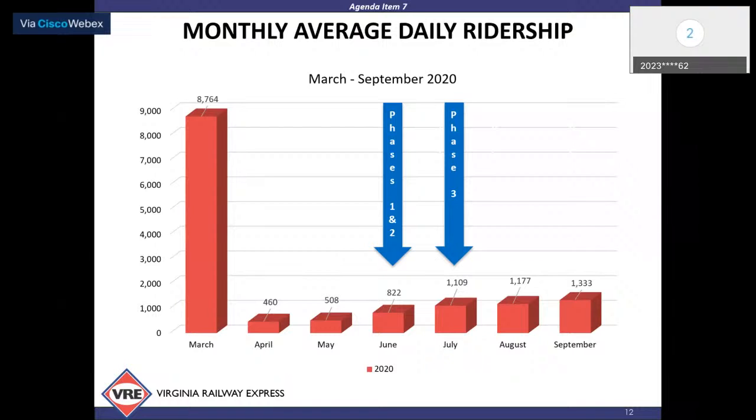We would predict ridership for the day in the double-digit numbers. So again, just in keeping with our prudent fiscal management as we continue to transition through this time, we are electing to not operate service again on the day after Thanksgiving and Christmas Eve.